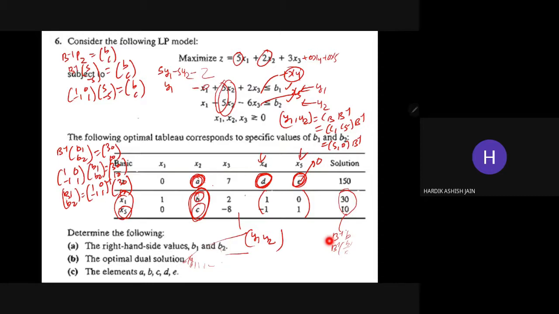That will be left minus right of the dual constraint. Y1, Y2 we have already computed as 5, 0. So just put the value 5, 0 here, and you will get Z2 minus C2 and Z4 minus C4.